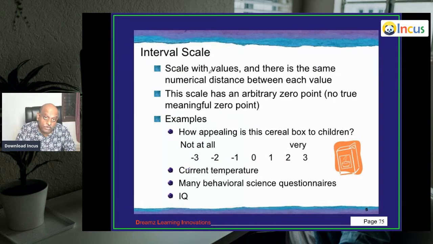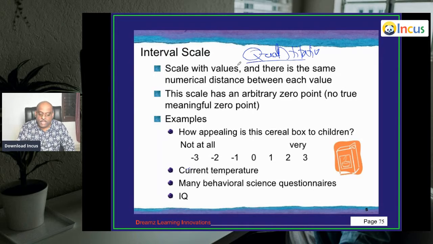Interval scale: interval and ratio are quantitative. It is a scale with values and there is the same numerical distance between each value, and the scale has an arbitrary 0 point.